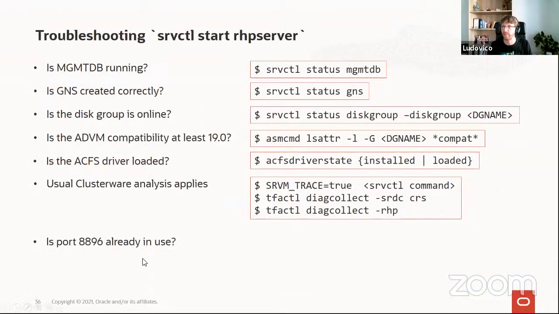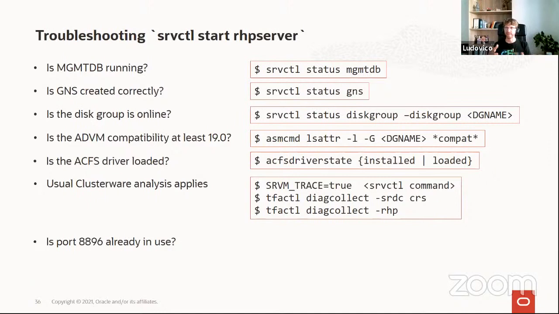If you have a problem, for example, starting the FPP server, you should check if all the components are up, and especially check if your ACFS driver is loaded, because ACFS is a central key component in the FPP server.